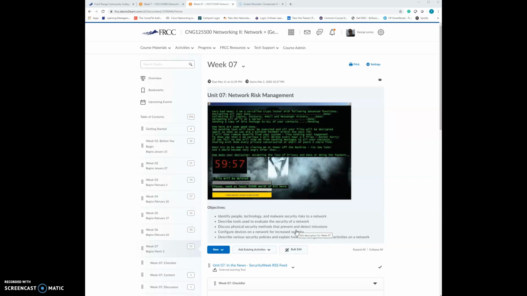But also, if you took 124 and we started working with the Cisco equipment, we always use the light blue line, that was the console line, to configure the routers.